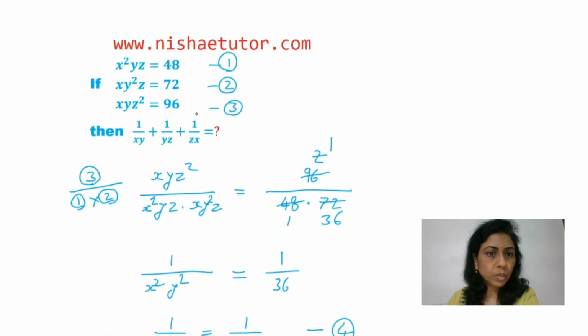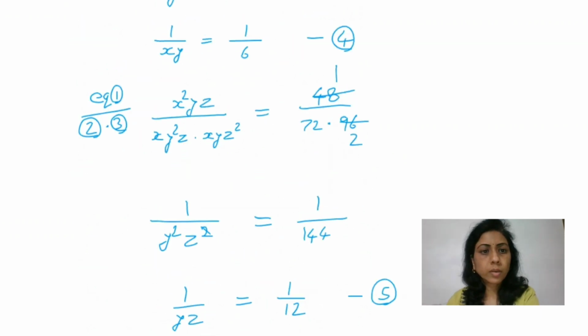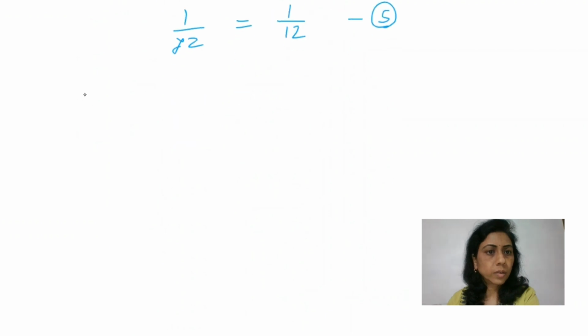So we do equation 2 divided by 1 and 3. Okay, equation 2 divided by 1 and 3.